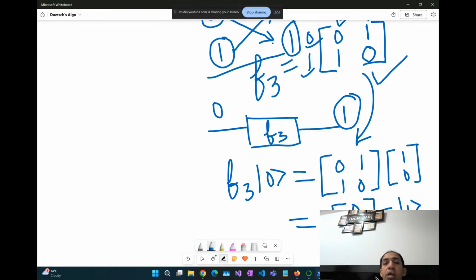But in the quantum world, we have to write our circuit in a way that it is always and always reversible or unitary. That's what we have to ensure every time.